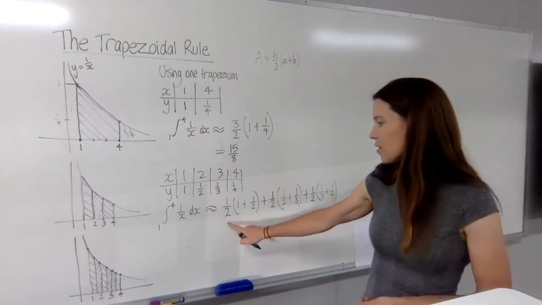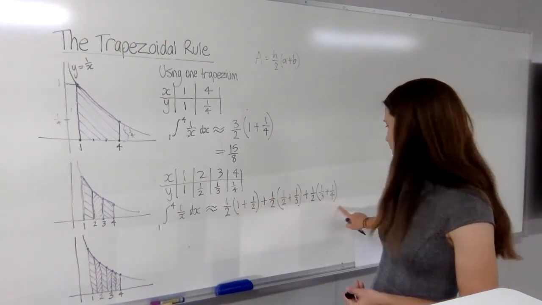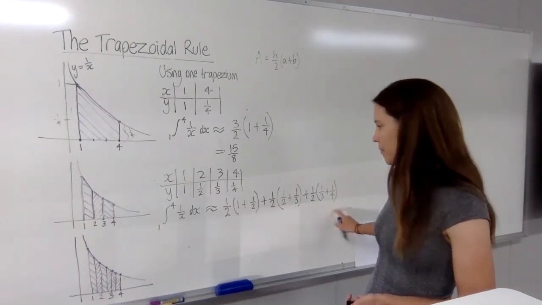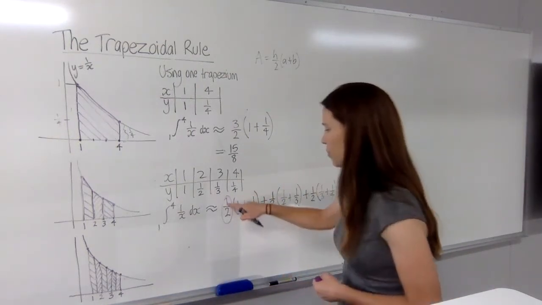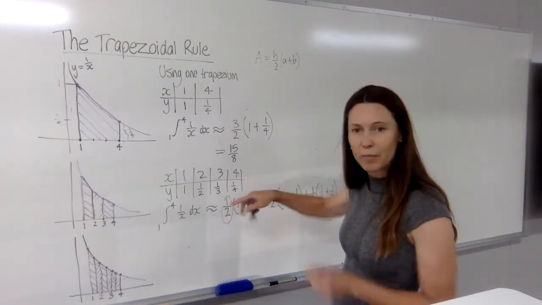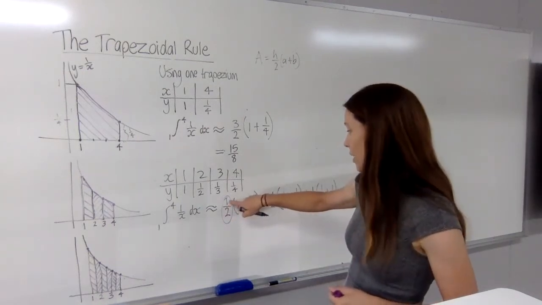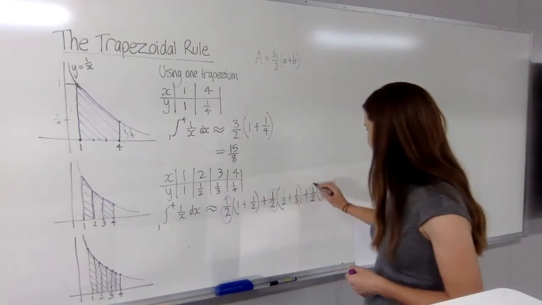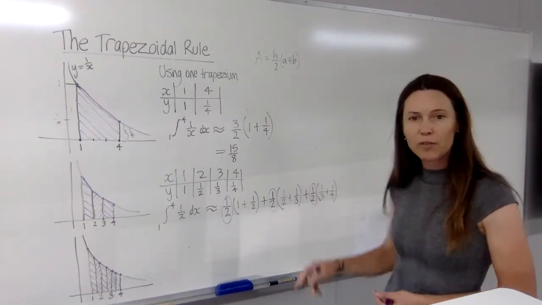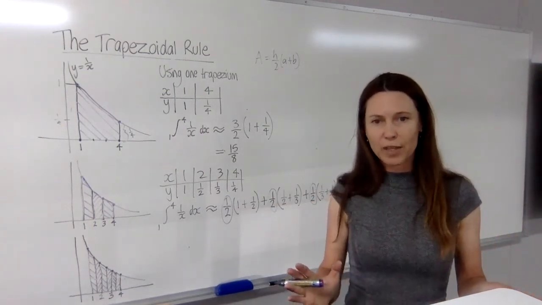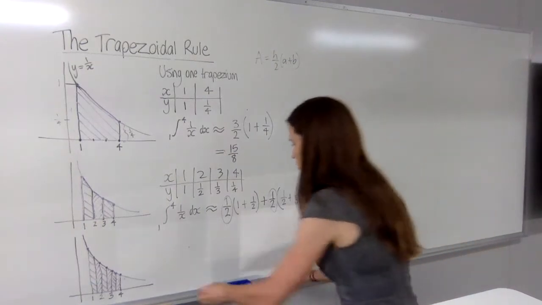So what you're going to get in your working, if you do it the slow way and add up the trapeziums one at a time, is these halves, which here is because the height of our trapezium, the width, was actually 1. We've got half of this plus half of that plus half of that. Now if you've got half of a whole bunch of things, you can actually just write them all together, can't you?